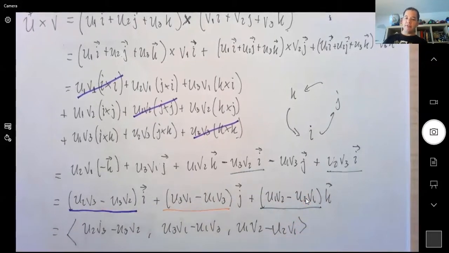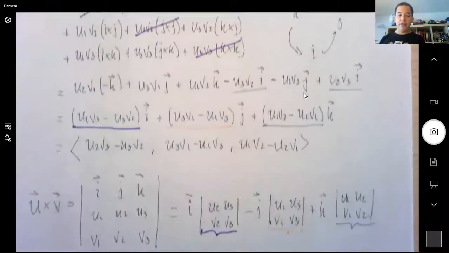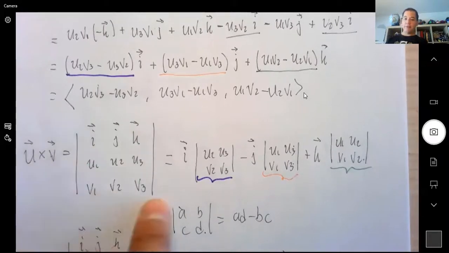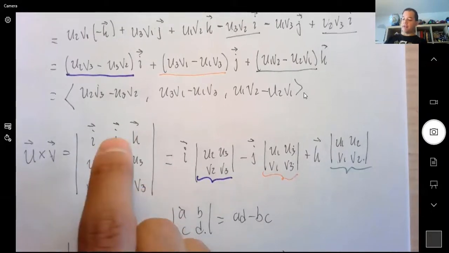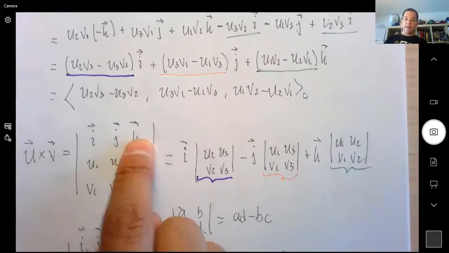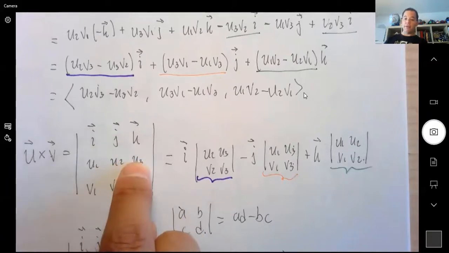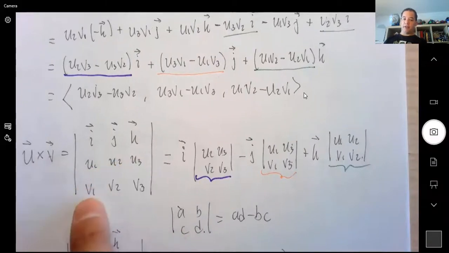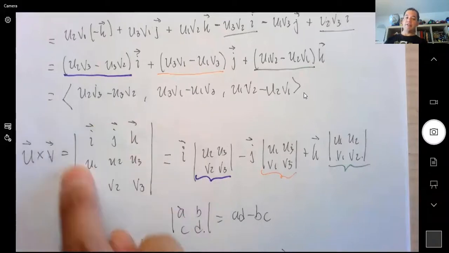And the thing is, this is not an easy formula for us to remember. The better way to remember how to figure out the cross product of two vectors is if we write it down as a determinant. This determinant, where we put the vectors i, j, and k on the top, then the components of the u vector, x component, y component, z component, then the components of the v vector, and then this is the answer.